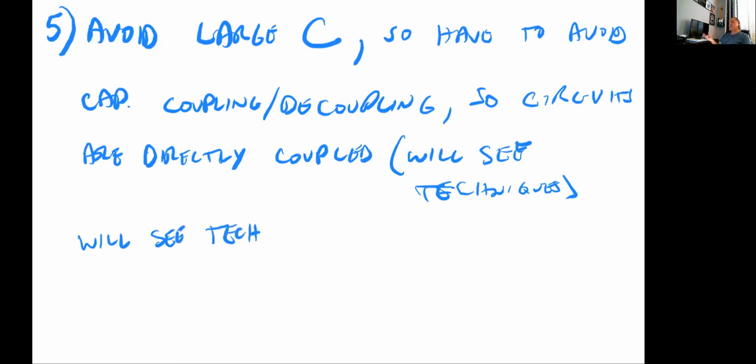Because when you are coupling and decoupling, what you're doing is establishing a signal ground. So if you remember on the common source, we have that source resistance, and from a signal perspective, we decouple that node with a capacitor, right?